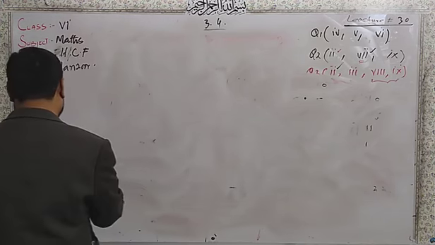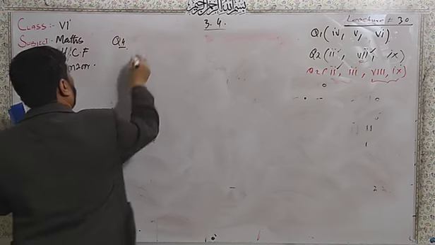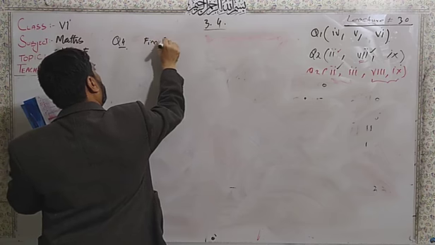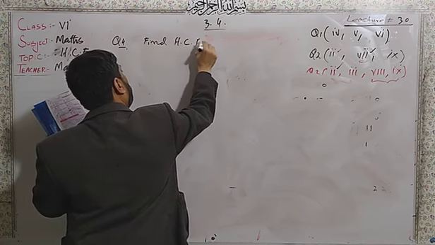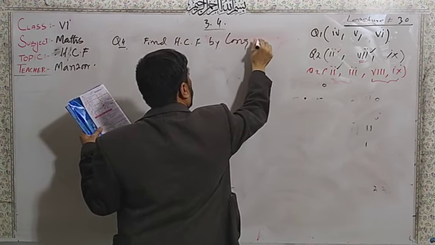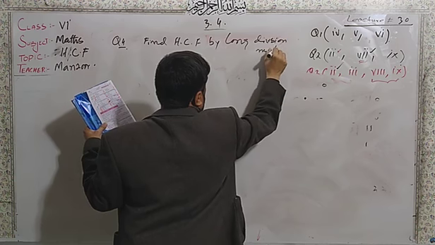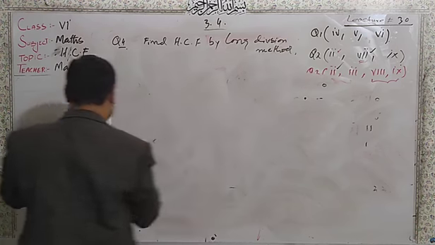Here, question number 4. Let us start question number 4. Find the highest common factor by the long division method. This is the question.